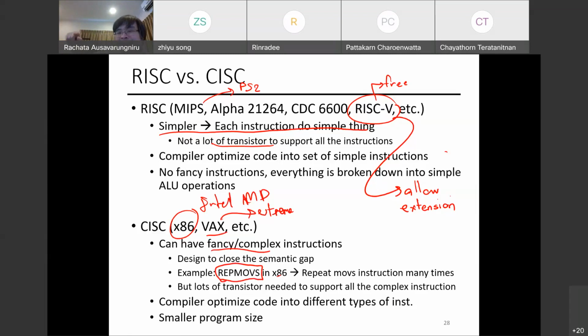Basically, it is move in a loop. You don't have to write a loop. You write one instruction, and it would move, move, move, move, move for you. But then it means that you need to have a transistor to support every single instruction that you list on the ISA. All right, so here are the trade-offs.